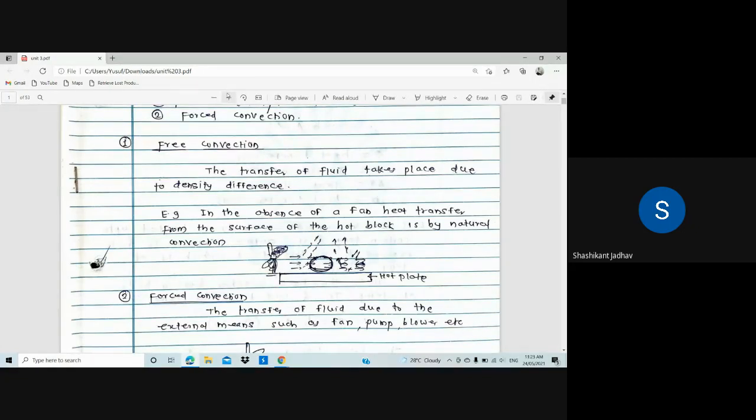And write down the example for the free convection. Write down example.